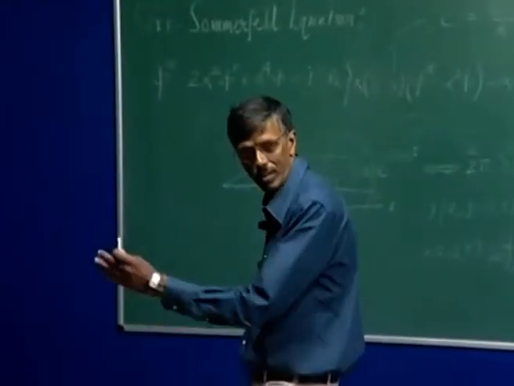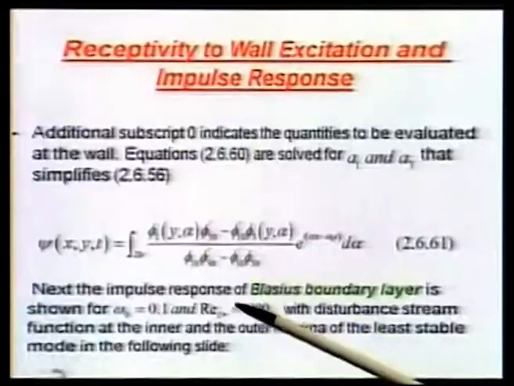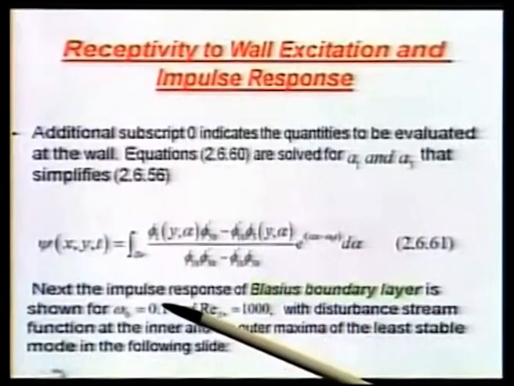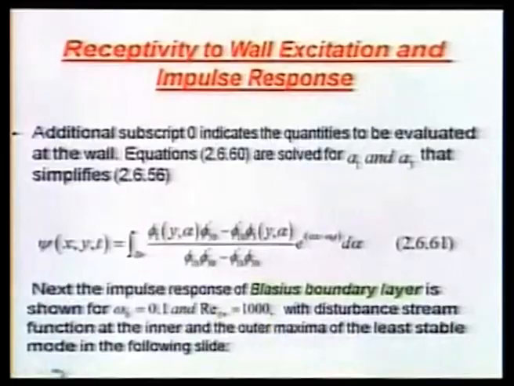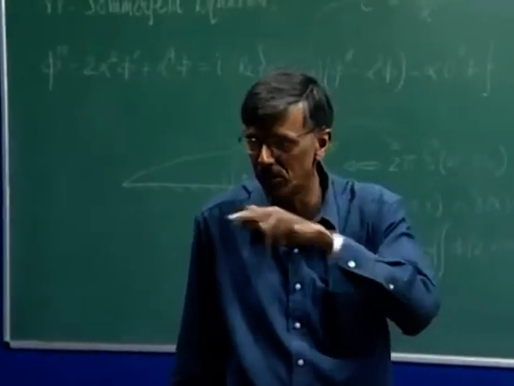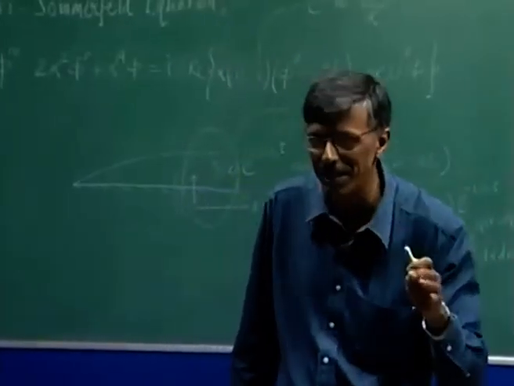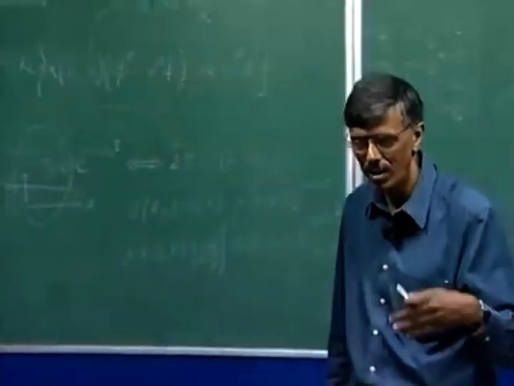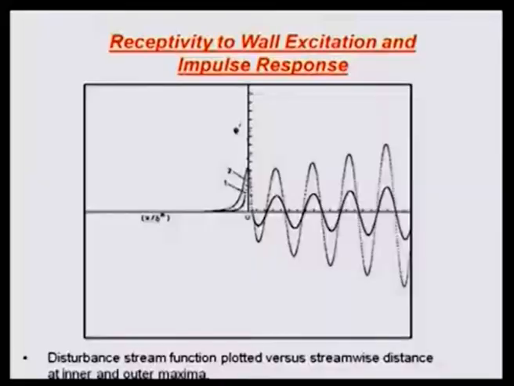So, 1000 is far into the supercritical range, and we are talking about omega naught equal to 0.1, that would sit somewhere in the middle of this neutral curve. So, it will be quite perceptible disturbances that you are going to see. Now, let us move ahead and see what it looks like.